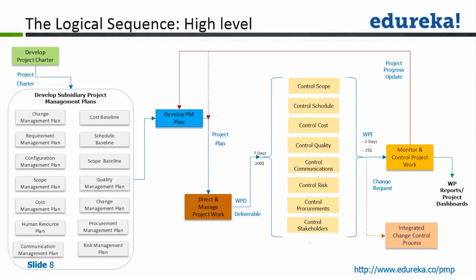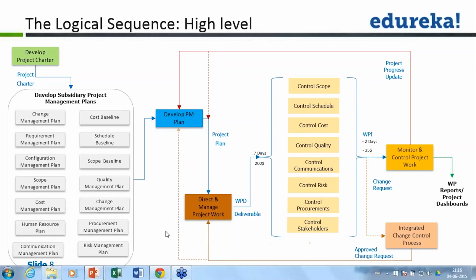Those other elements are your scope, time, cost, quality, HR, risk, and other areas. Once a decision is taken and the request is rejected, you just have to document that in your change log, and it will simply die. But if the request is approved, it will get implemented in your direct and manage project work.